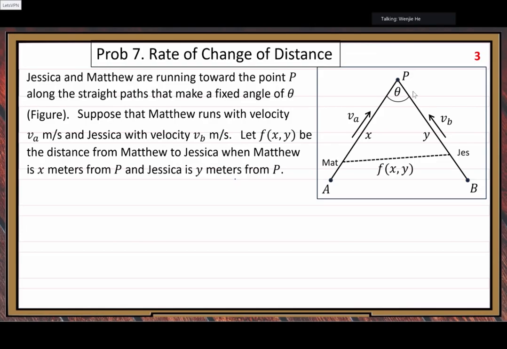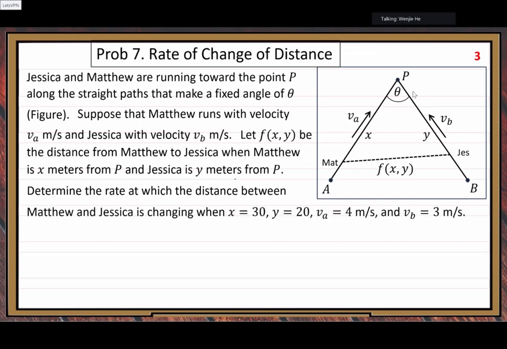Then the question: determine the rate of change, the derivative, at which the distance between Matthew and Jessica is changing when x is 30 meters, y is 20 meters, velocity VA equals 4 meters per second, and VB equals 3 meters per second.